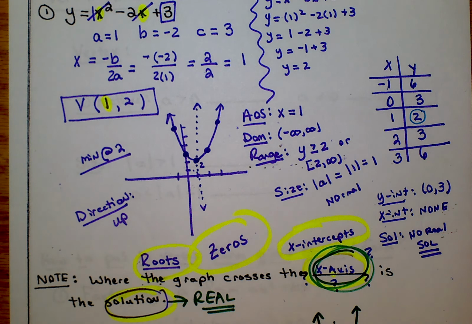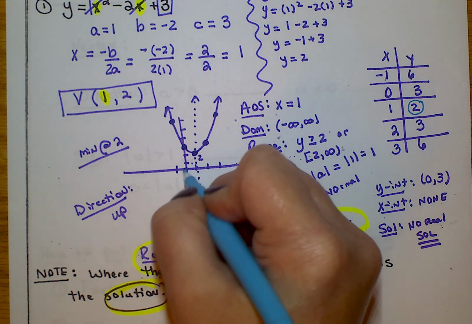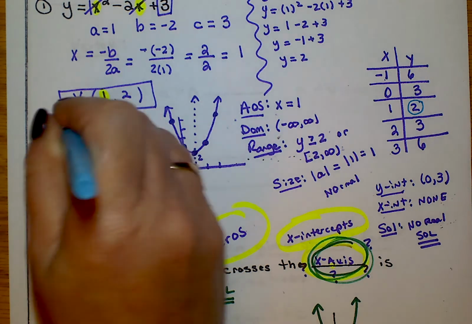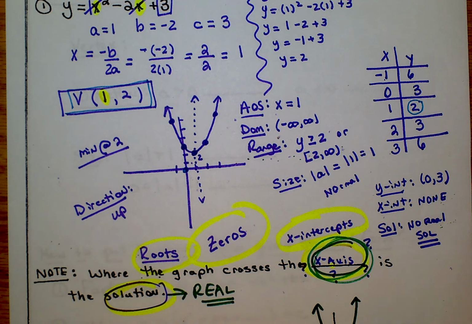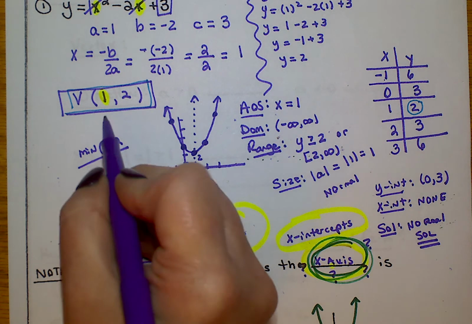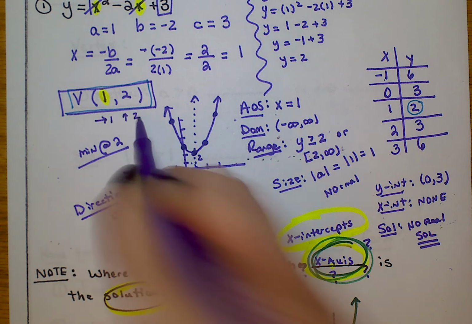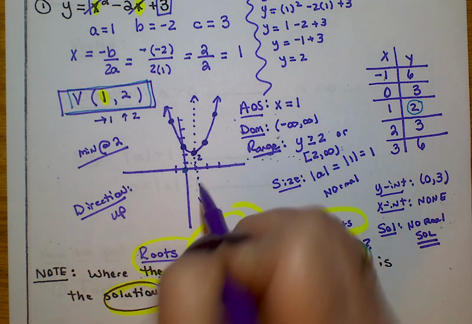Now, when you think of what is called a transformation, how this parabola moved from the origin, you base that on your vertex, because we're fixing to look at vertex form in just a minute. So your vertex tells you that you went right 1 unit and up 2 units. So that's how this parabola moved.